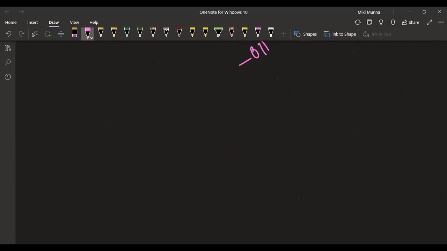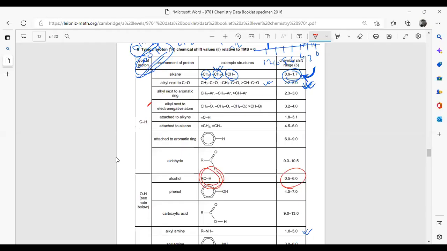Now, one possible thing is that it could be a carboxylic acid. How is that possible? Let's see the data booklet again. Is there any chance that this could be a carboxylic acid?